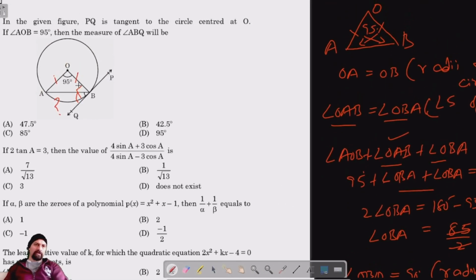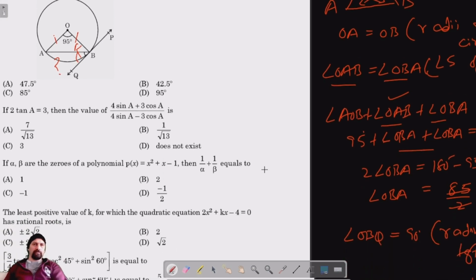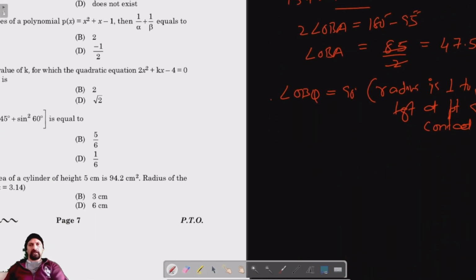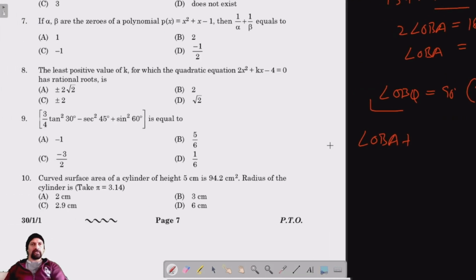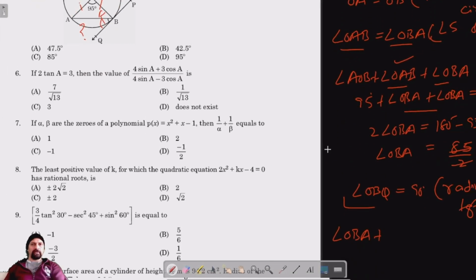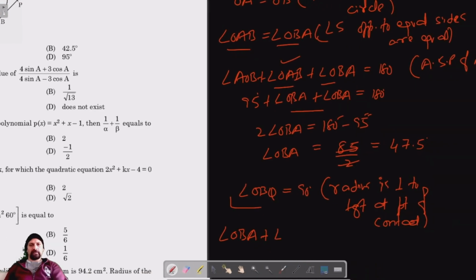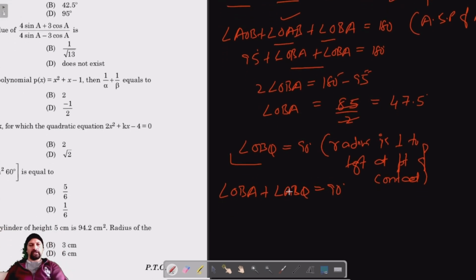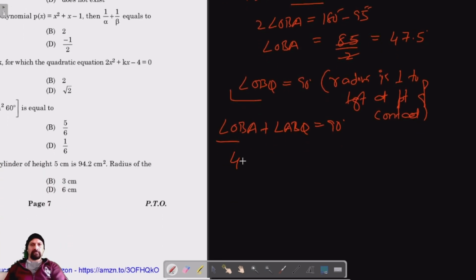Now OBQ is made up of two angles, angle OBA and angle ABQ. So angle OBA plus angle ABQ is equal to 90 degrees. Now OBA is 47.5 degrees, plus angle ABQ is equal to 90 degrees.